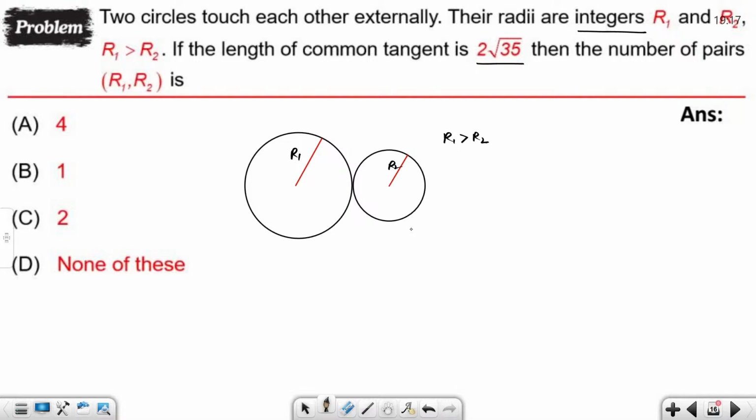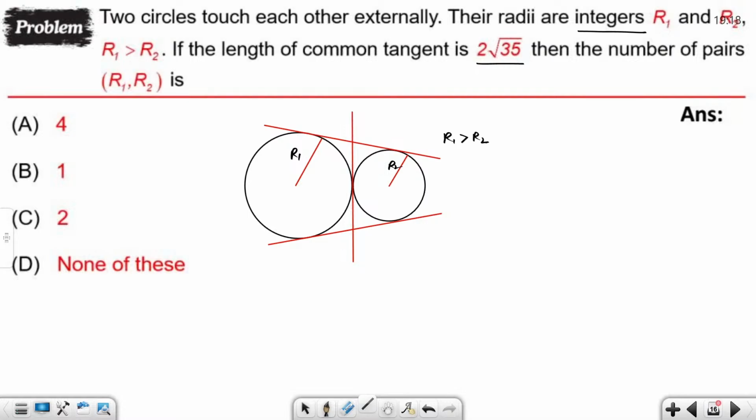They have said only the common tangent. They have not mentioned whether this tangent is a direct common tangent or a transverse common tangent. Now we can easily see by the position of the circles that there are two direct common tangents, this one and this one. This is one direct common tangent and another one is this one. And there is one transverse common tangent, this one.